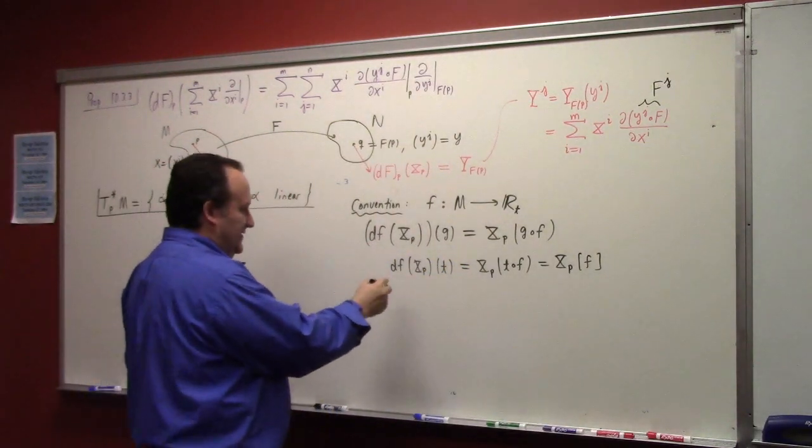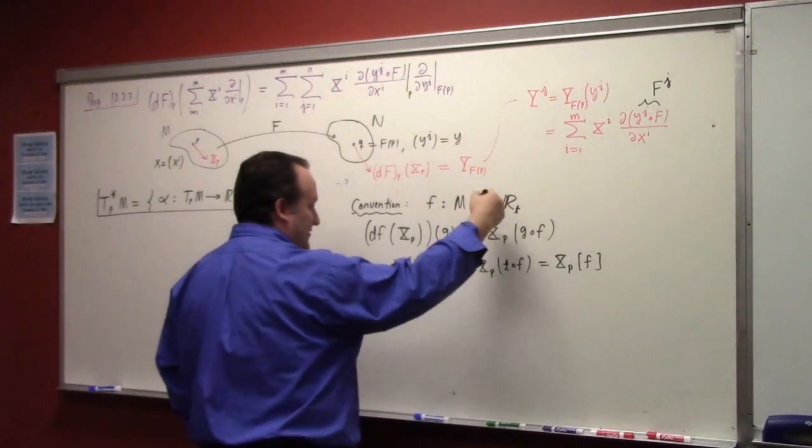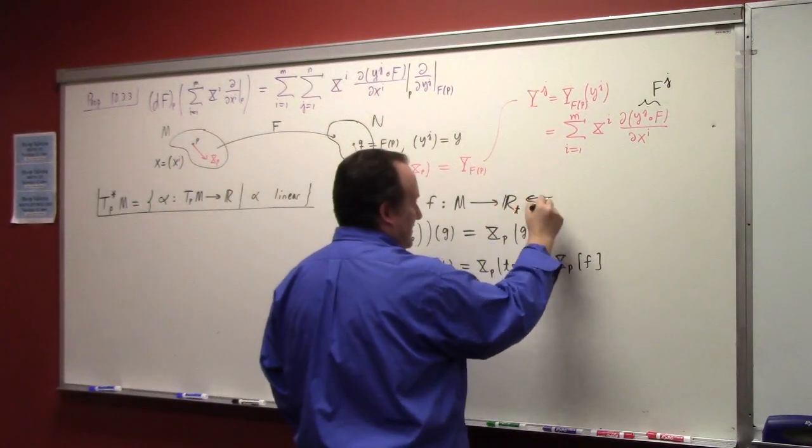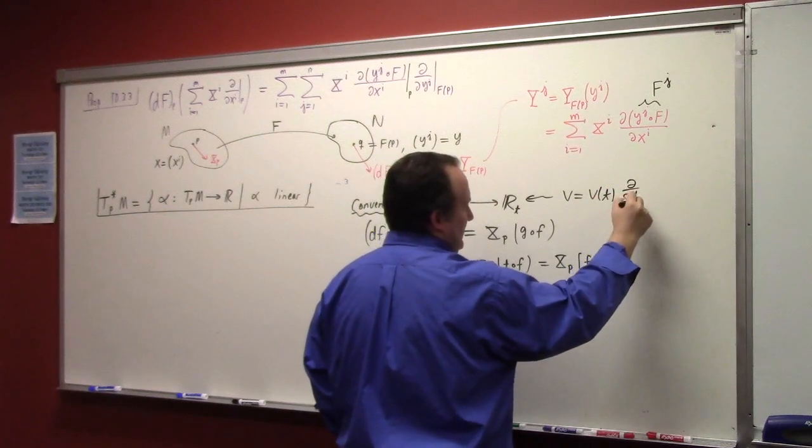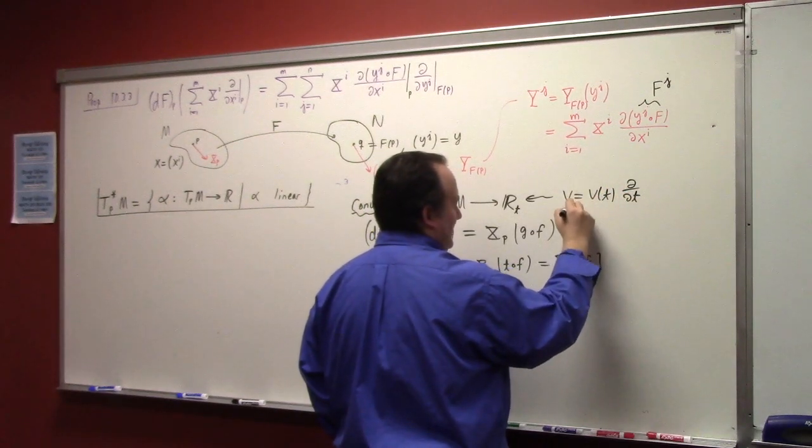But what does an arbitrary vector on R look like? It looks like V equal to v of t times partial t, at the point t naught, let's say.